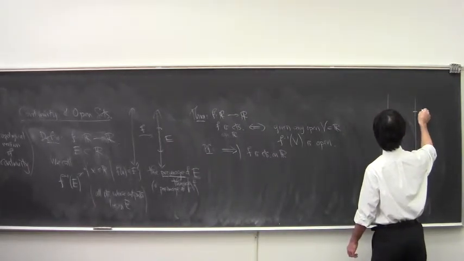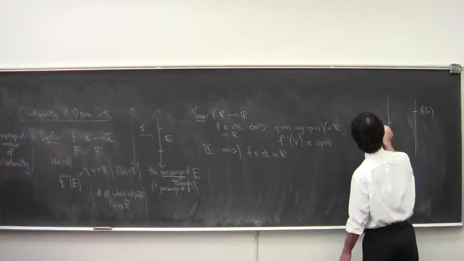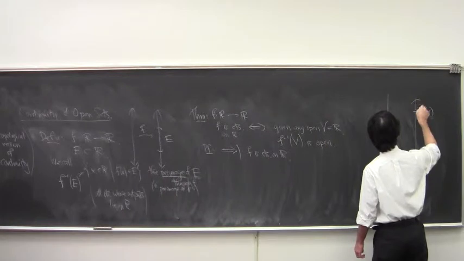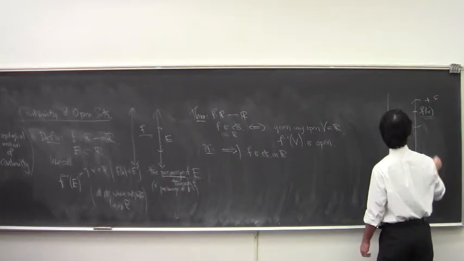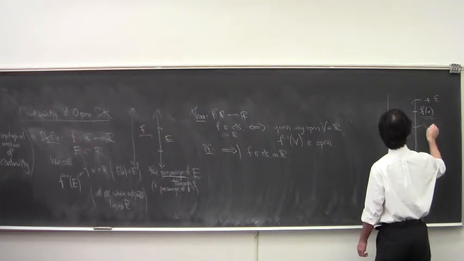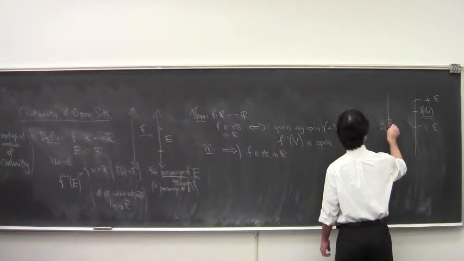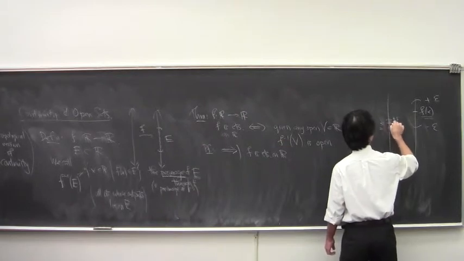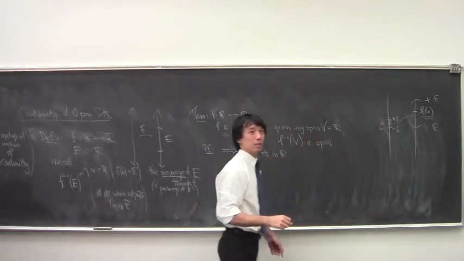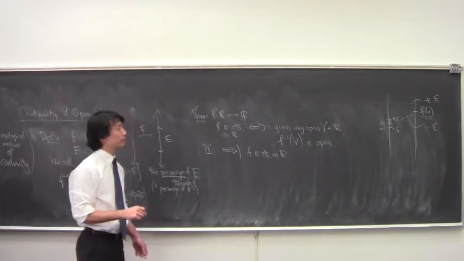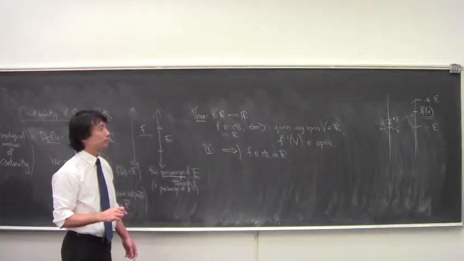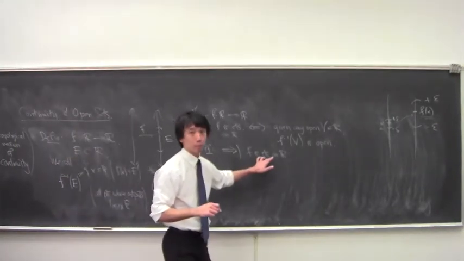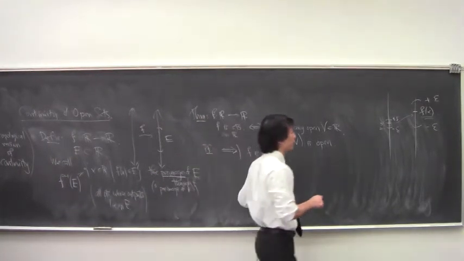That means that if we take any point x and look at its output, and we take any epsilon neighborhood, there's a delta neighborhood that gets mapped inside there. That's our current understanding of continuity, right?